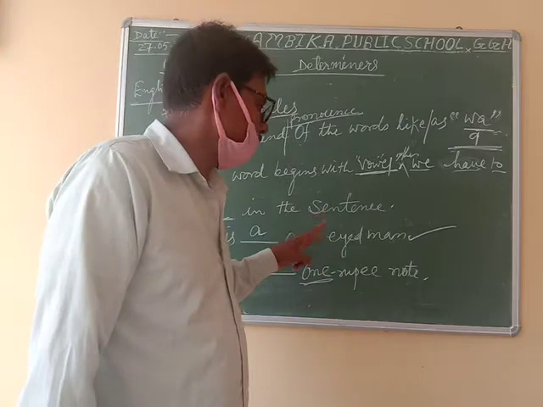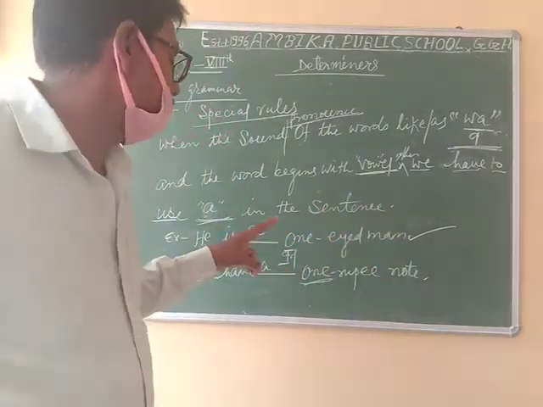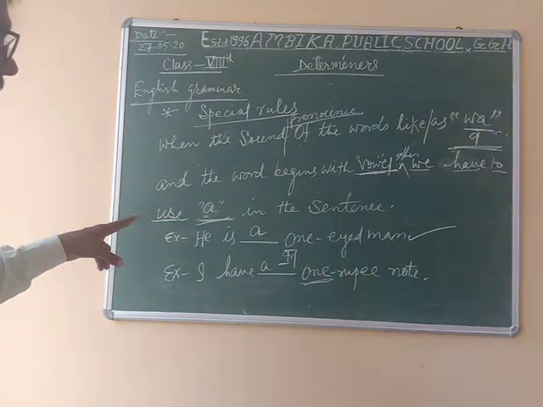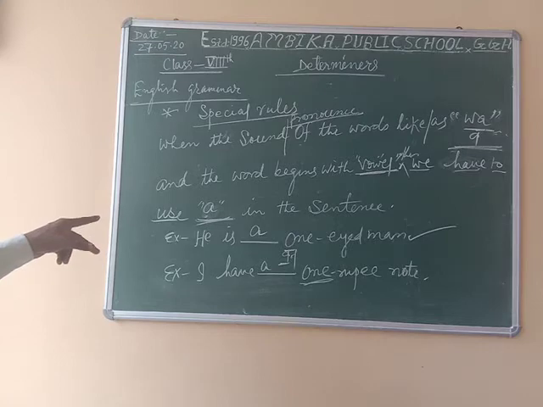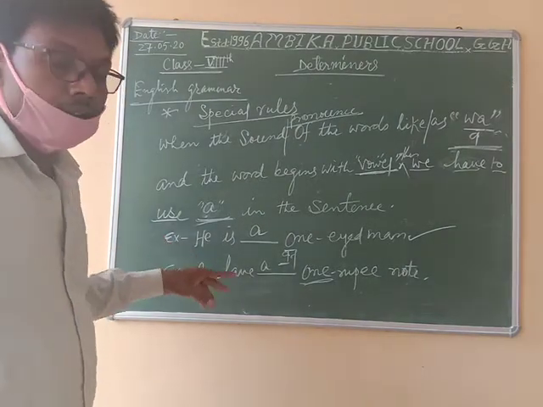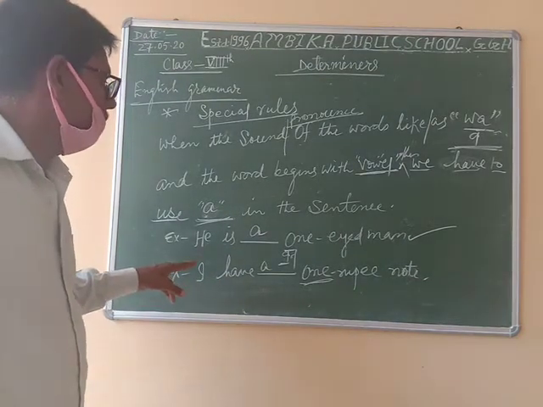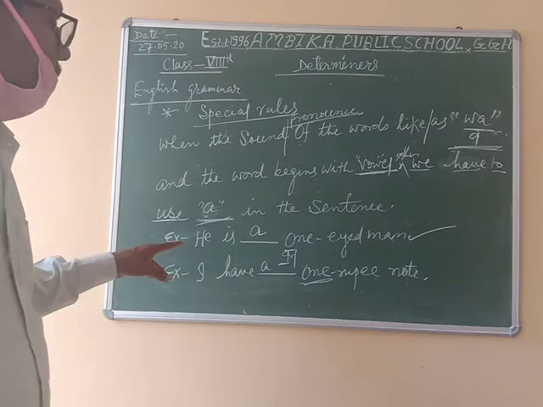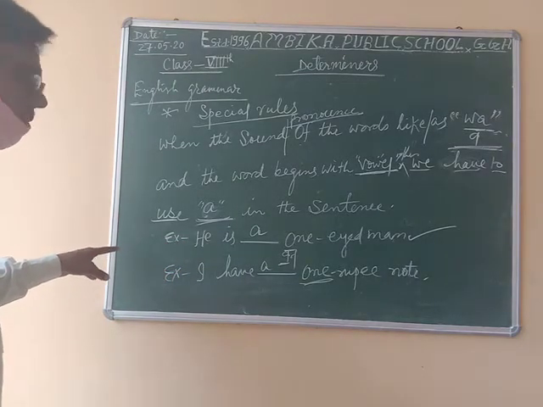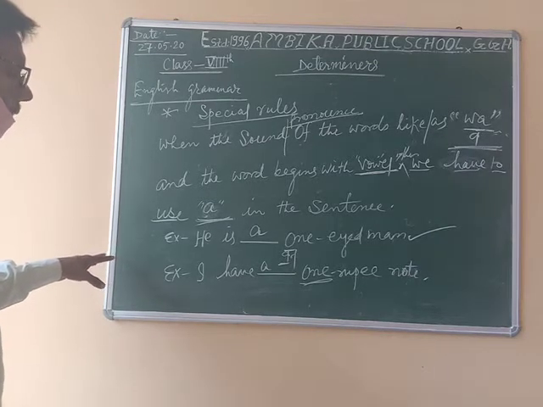In these two circumstances, we have to create these kinds of difference, and through the concept of articles, the position of A and N, we have to think about. After that, we have to use the position of A and N.